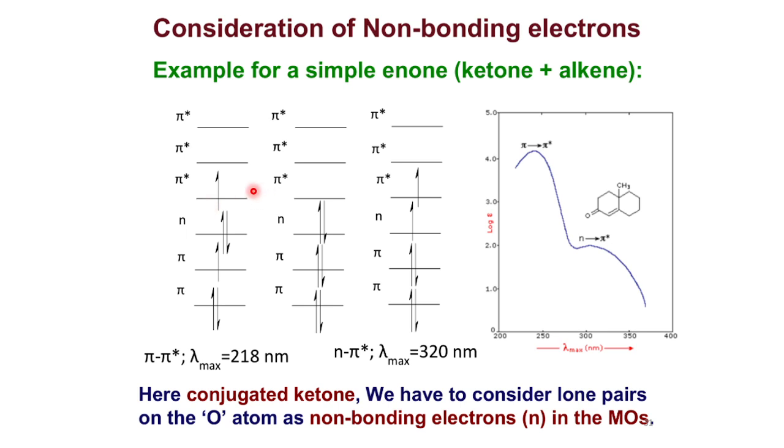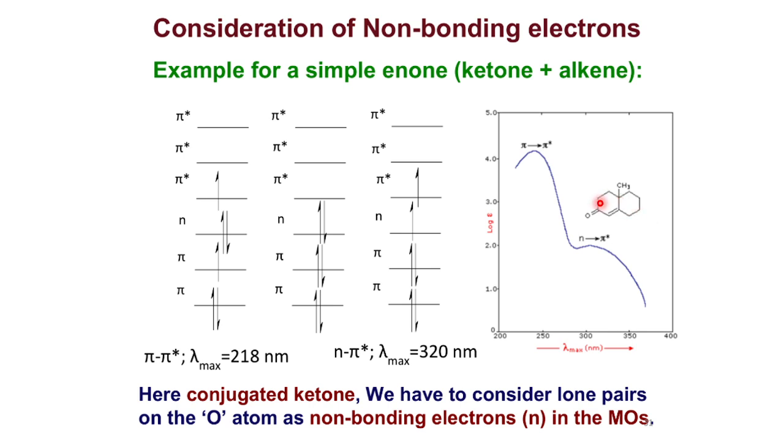Now here is a real example. This molecule has two cyclohexane rings, one C double bond C, that is one pi bond between two carbon atoms, and also the presence of an aldehyde group, a ketone group. Now what are the different transitions that can take place?